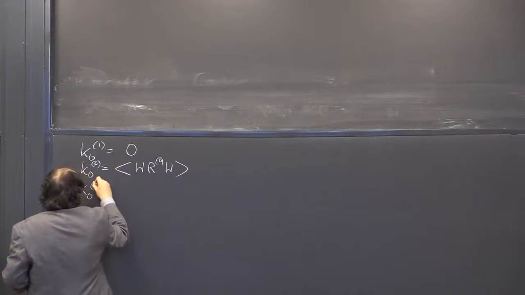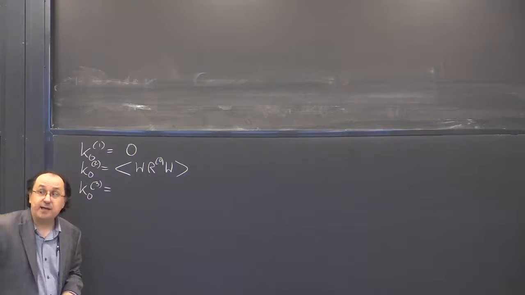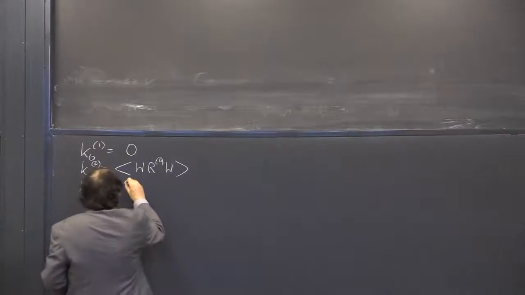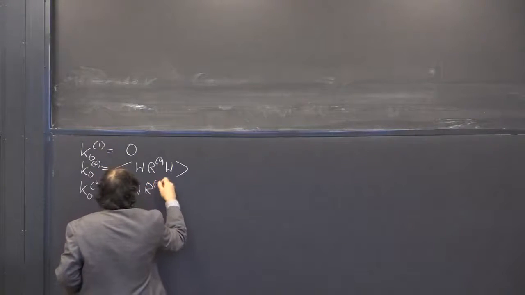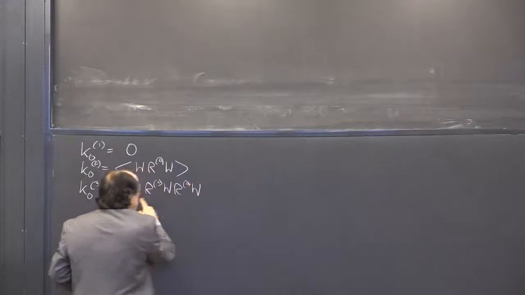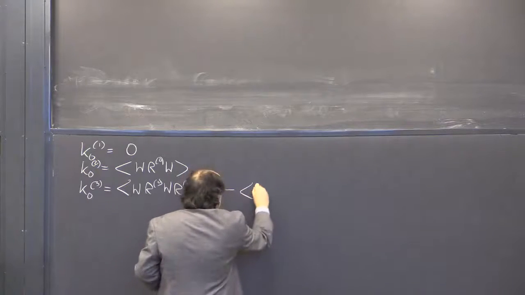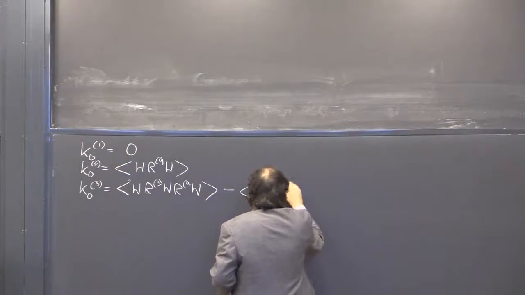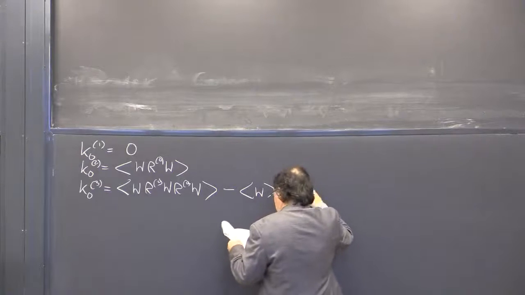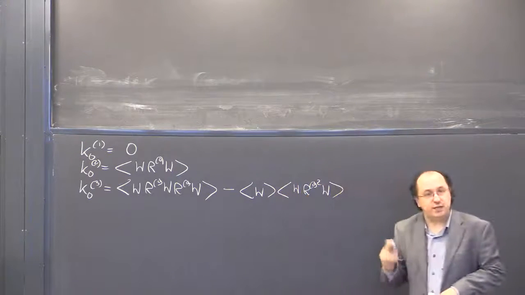What about the third order? Well, third order is the first term where we had renormalization terms. So if I wanted to be truthful to RSPT, I would have to subtract here the expectation value of W in phi 0 and then have W R0 squared W. But you see, I don't have to do this in MBPT.